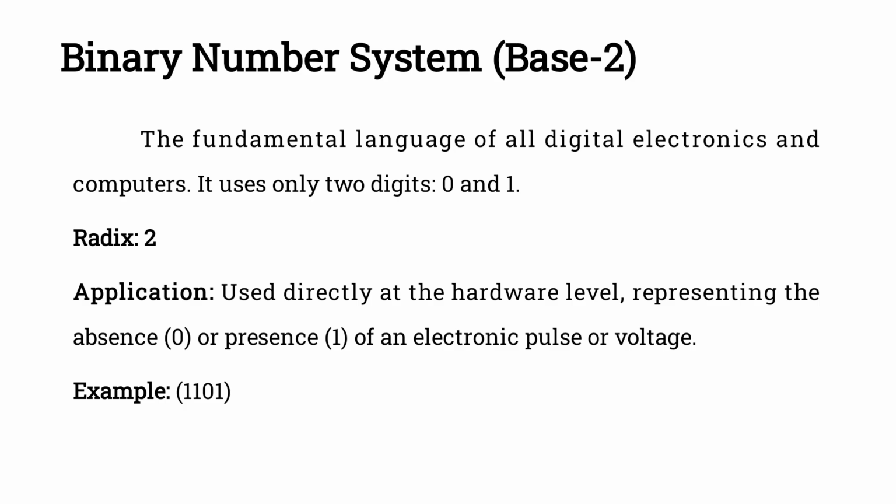Otherwise, if the signal is low, the value is 0. For example, 1101 with base 2. This is an example of the binary number system. So it uses only two digit values, either 0 or 1. This is the basic fundamental value used in digital electronics.